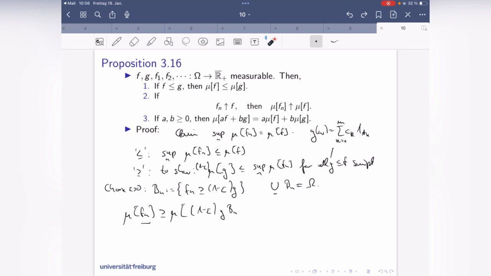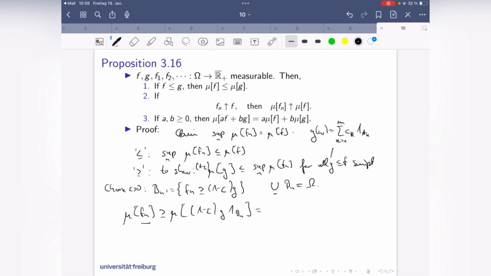And on omega without Bn I don't really care, because this is going to go away anyway. So like this here, Bn doesn't make sense, but the indicator of Bn makes sense.